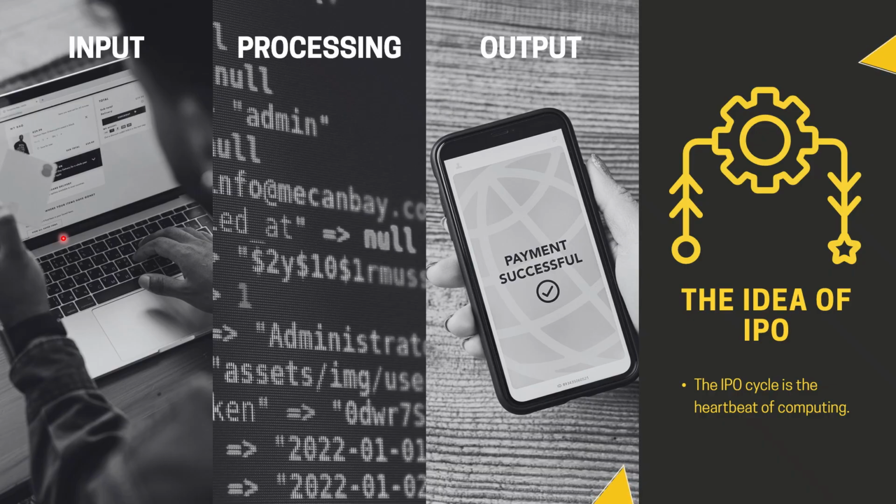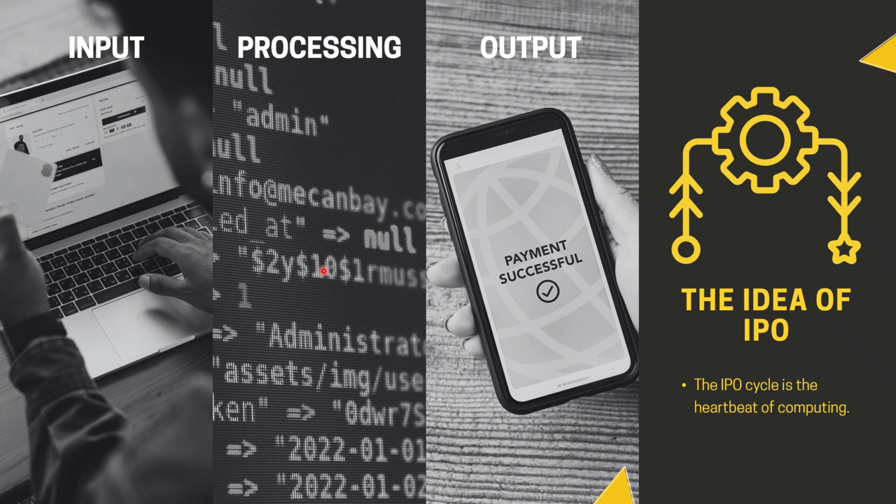So it sounds simple, right? But this exact same structure happens in much more complex systems. For example, let's take Amazon. When you check out at Amazon, your input is what? Your shopping cart and then your payment information. That's the information that you're feeding into the program. Now, the processing happens when Amazon is checking its inventory and seeing if your product is available, calculating the shipping, applying any taxes, and then charging your card.